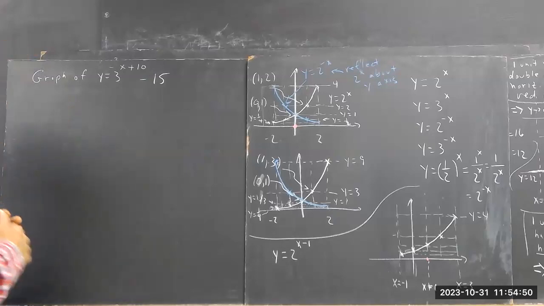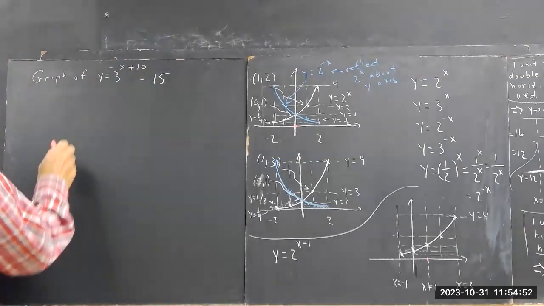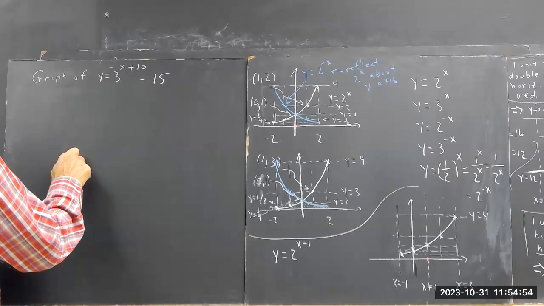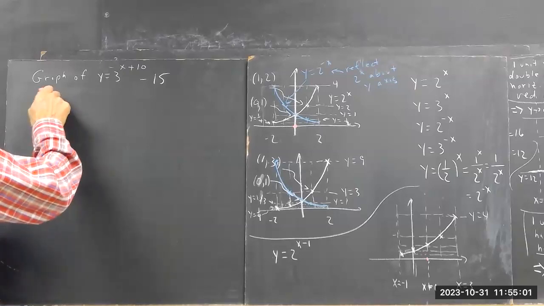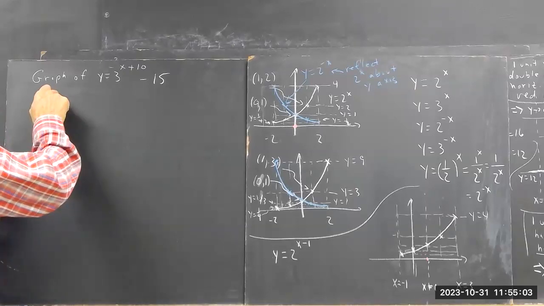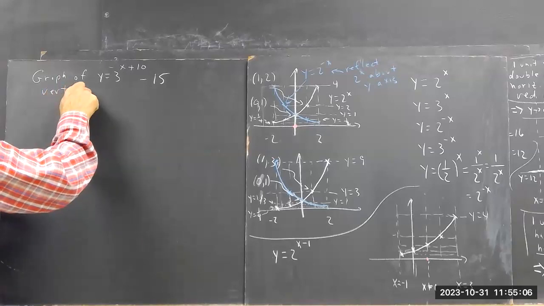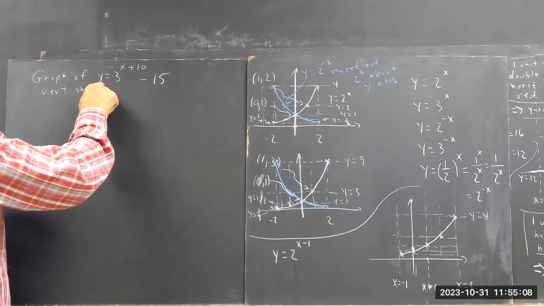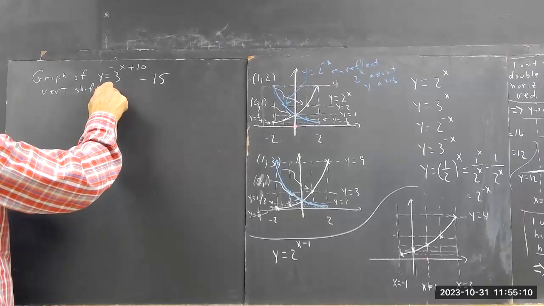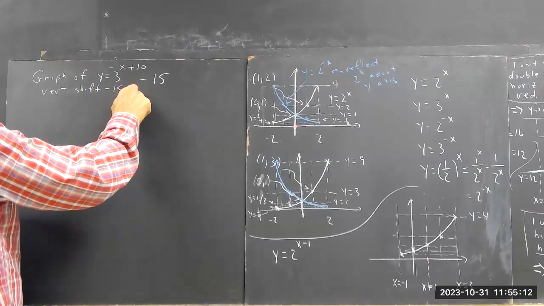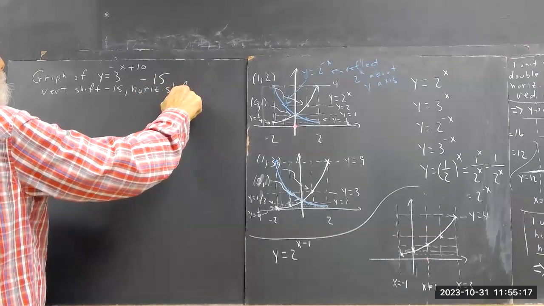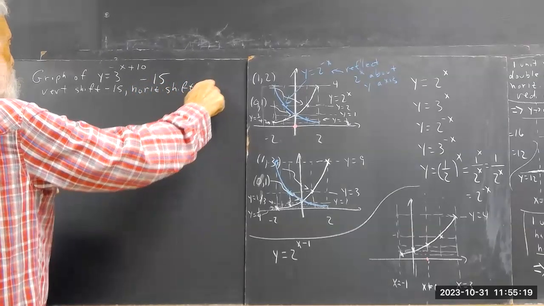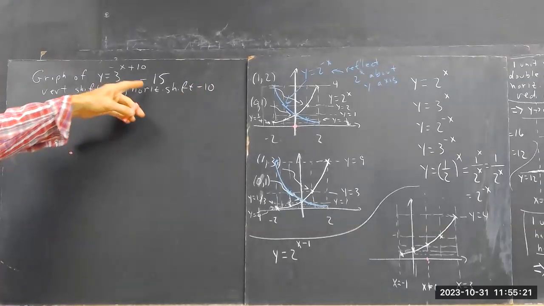First of all, where's our red dot going to be? Vertical shift is going to be negative 15.